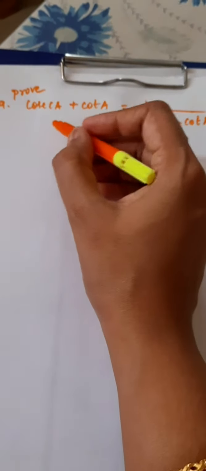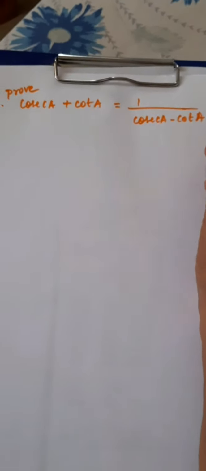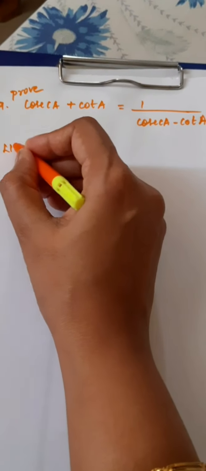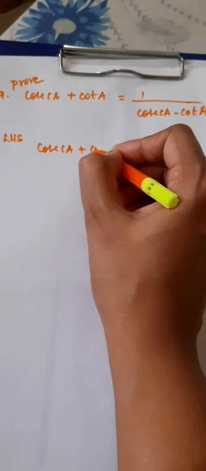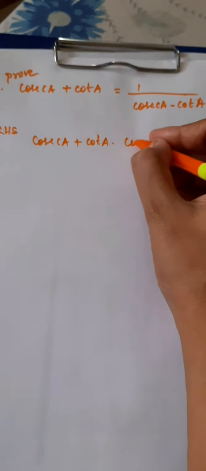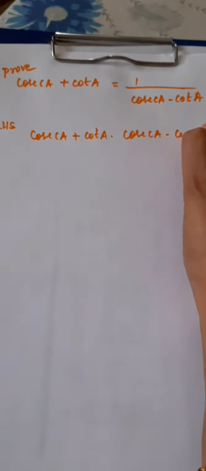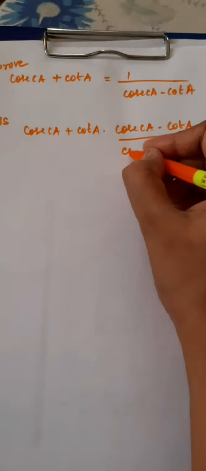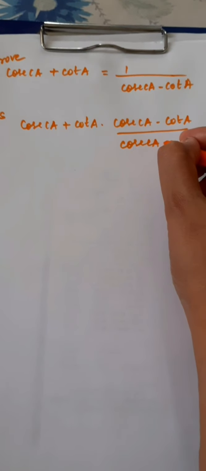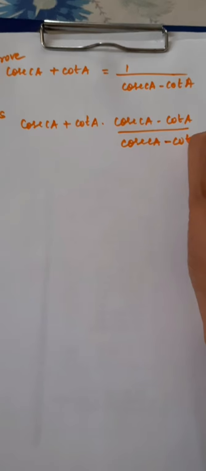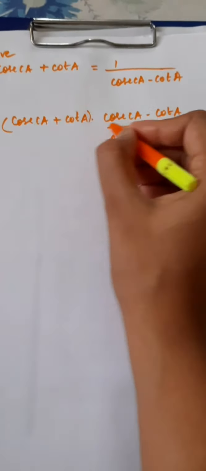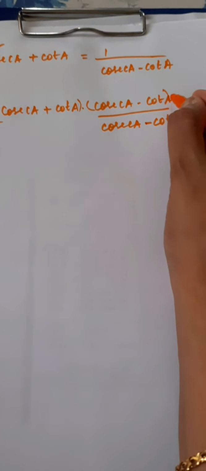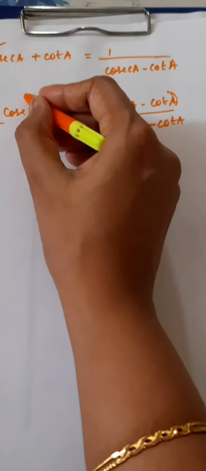We need to prove this. So to the LHS, we can take cosecant A plus cot A, multiply it and divide it by cosecant A minus cot A by cosecant A minus cot A, which is actually 1. So it is again of form A plus B, A minus B. So A square minus B square.